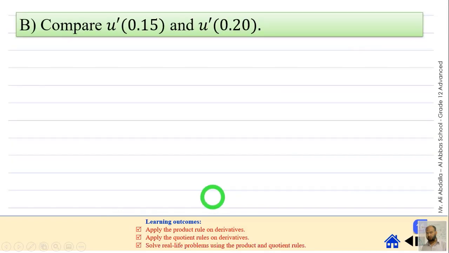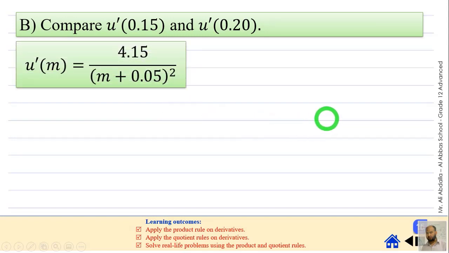Second part of our question: compute u'(0.15) and u'(0.20). We can substitute into u' to find the value. u'(m) equals 4.15 over (m + 0.05) to the power 2.